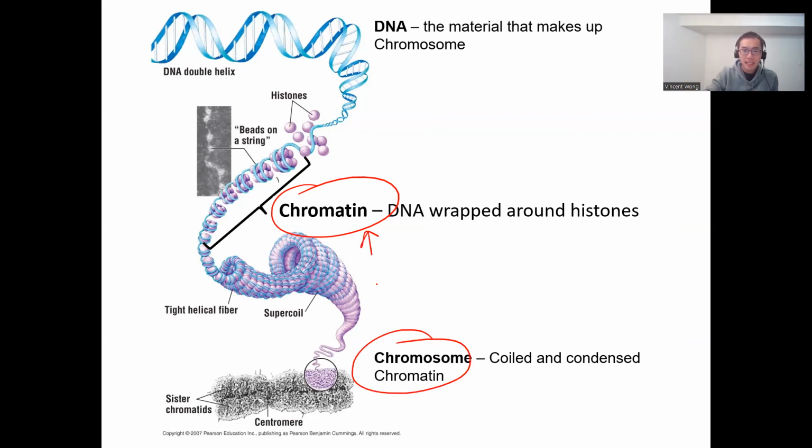Okay, so chromatin and chromosome are essentially the same thing. It's just that one form is more condensed, more packed compared to the other. So right now, if your cell is not dividing, the DNA exists as chromatin. It only becomes a chromosome when you need to move it around, okay?